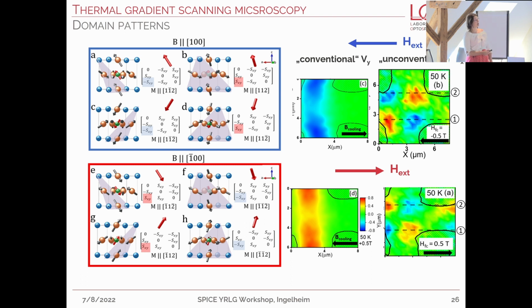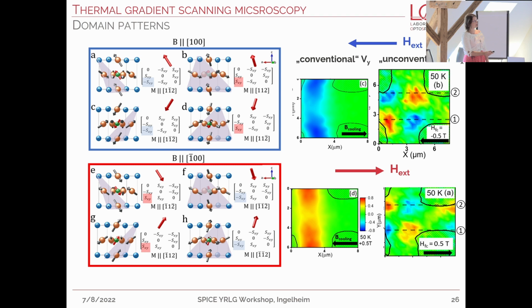If you apply an external magnetic field in this direction, this only allows these types of magnetic domains which have this projection of magnetization. So only the blue ones were allowed for this type of field cooling. Only the red ones were allowed for the opposite type of field cooling. So from all the 8 possible domains that are there, this separated into 2 groups.